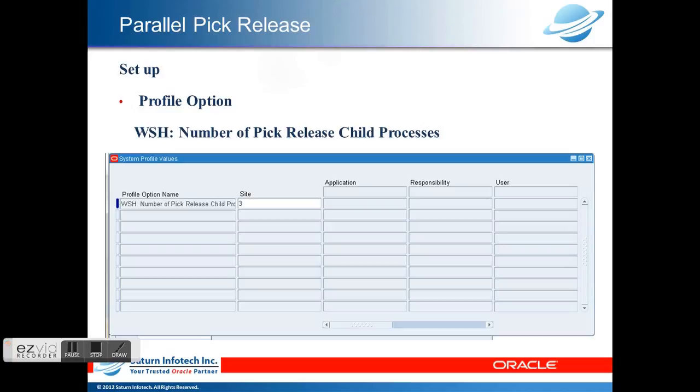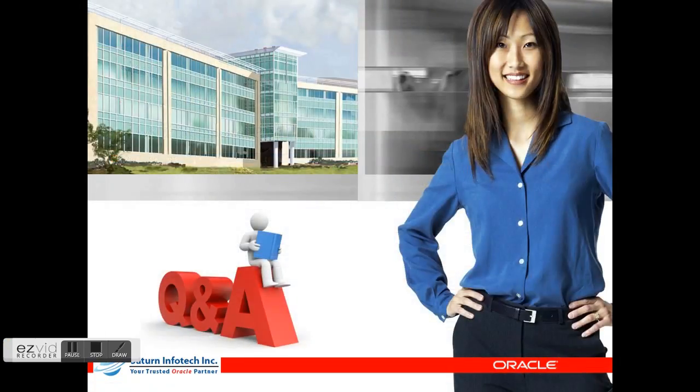If we do not set that, then by default it will run in only one worker. If we set it to more than one, then the system will understand that the pick release has to be run in more than two workers. So it's a good idea to set this profile option to more than two.